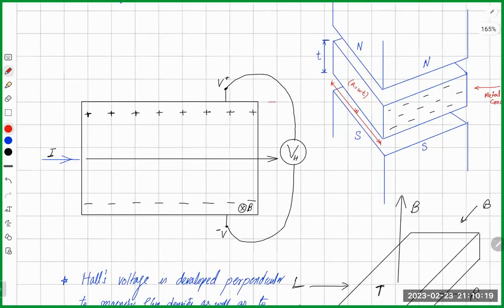Now remember, this length is W. This length is what? W. The potential difference between top and bottom is Hall voltage.